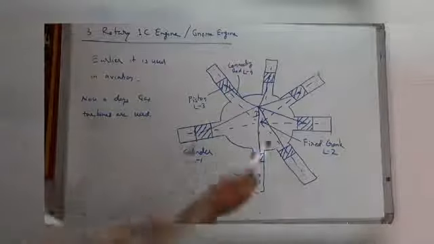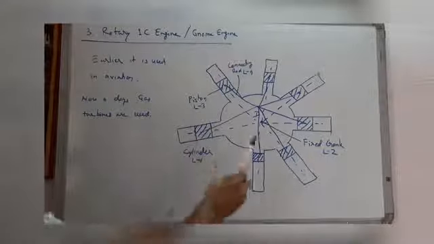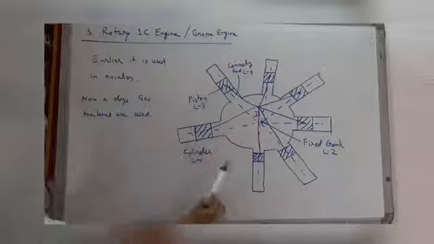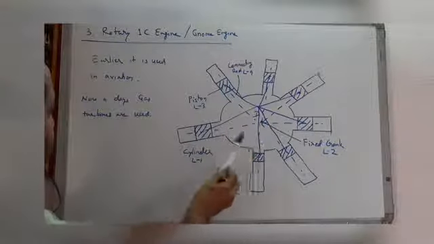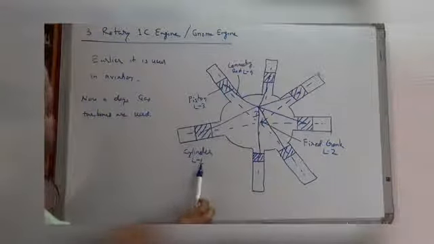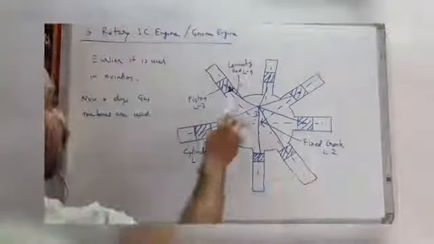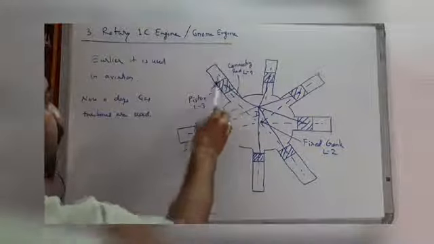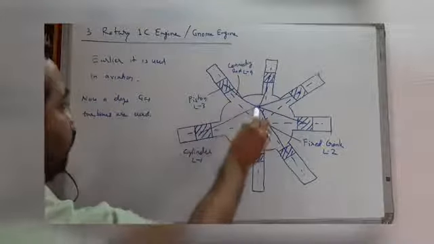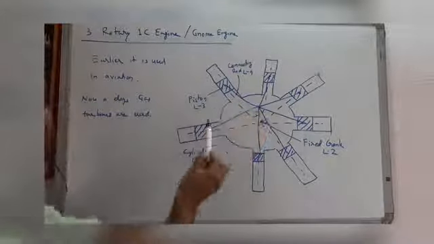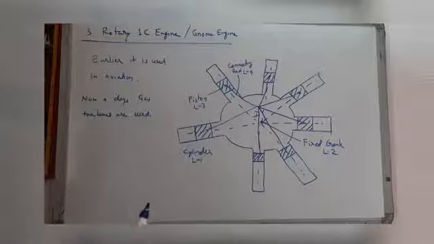This type of working is here, and 7 cylinders and 7 pistons are connected. Cylinders are link 1, fixed crank is link 2, pistons are link 3, and connecting rod is link 4.